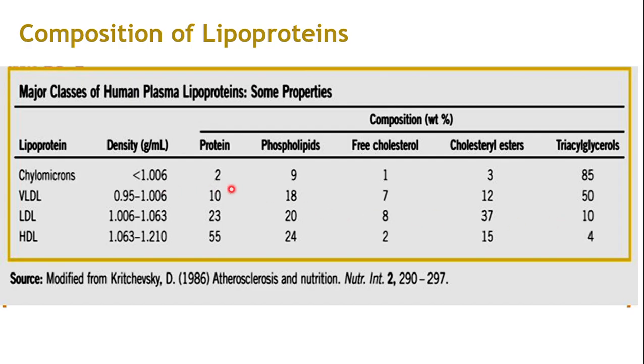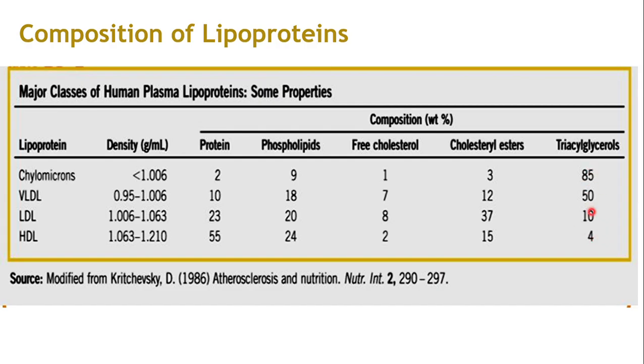Now let's consider the very low density lipoprotein. That one, the amount of triacylglycerol is still high but lesser than the chylomicrons. The same thing applies here. So as you can see, the rate at which it becomes polar starts increasing as you move from chylomicrons to high density lipoprotein.